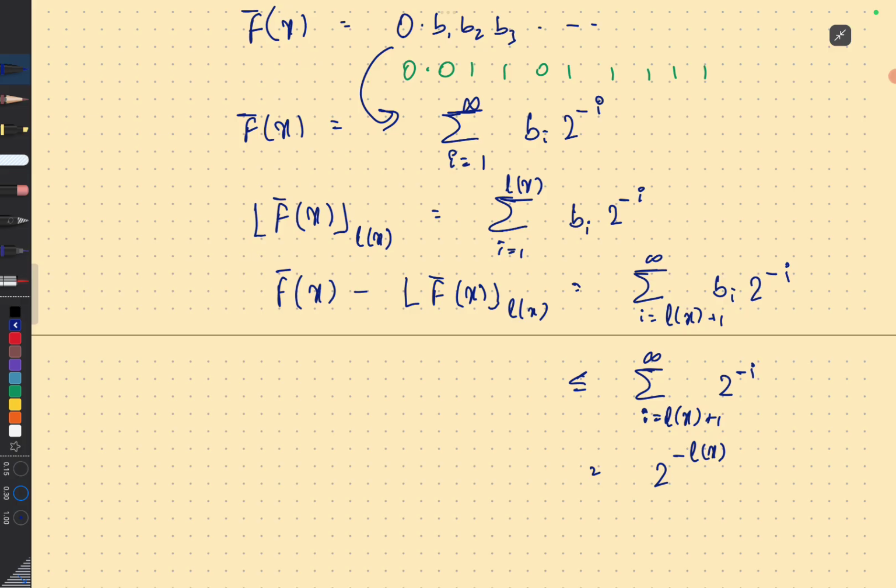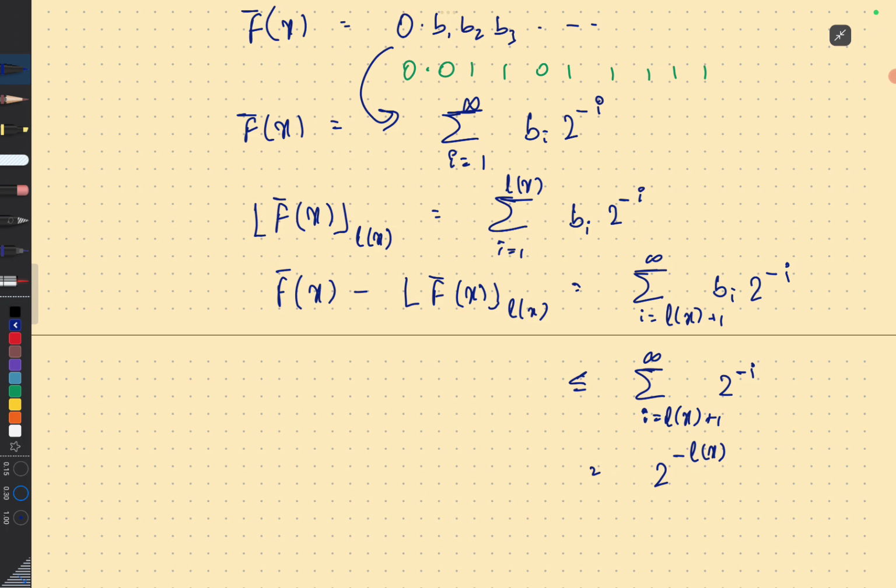Now this is equal to f bar of x plus p of x by 2 plus p of x prime by 2 truncated to L of x prime bits, minus f bar of x, which is greater than or equal to f bar of x plus p of x by 2 plus p of x prime by 2 minus 1 by 2 to the L of x prime, minus f bar of x.